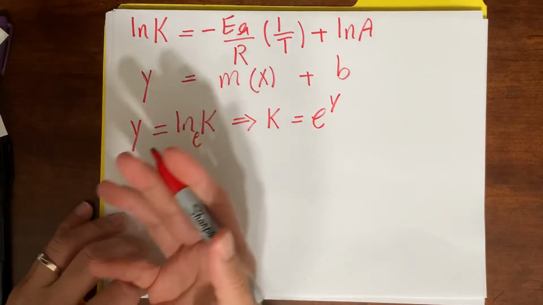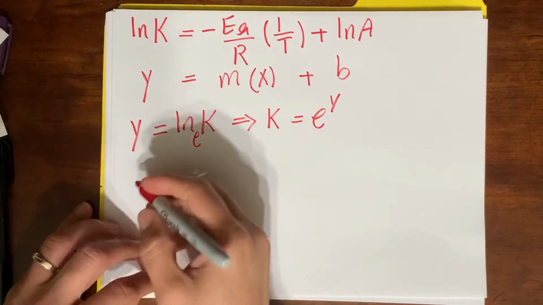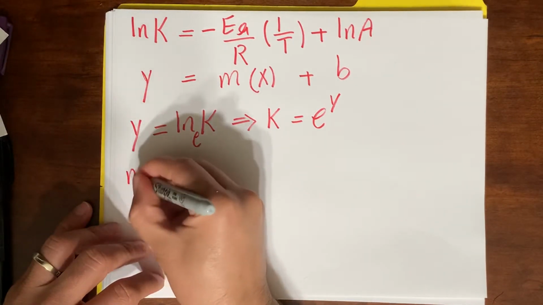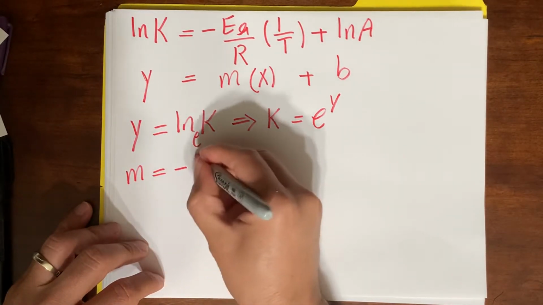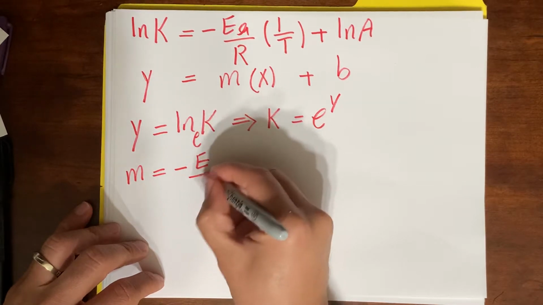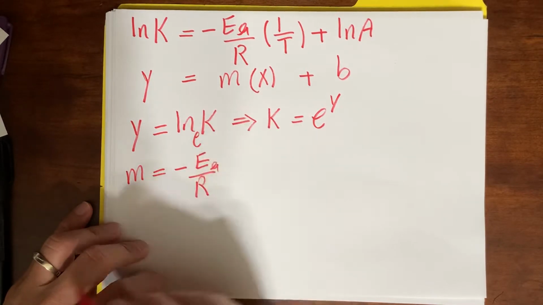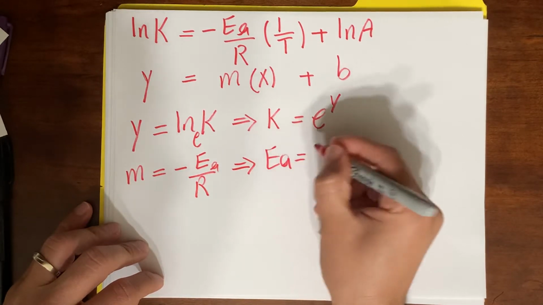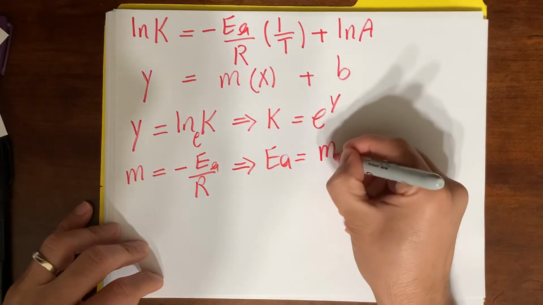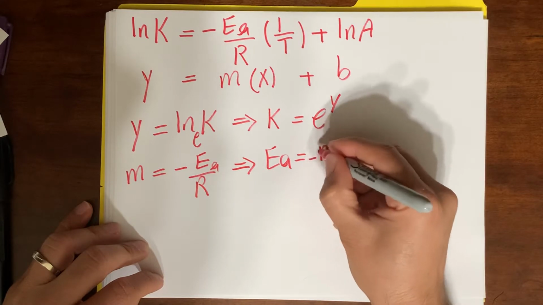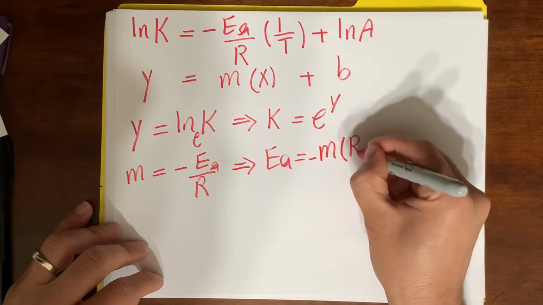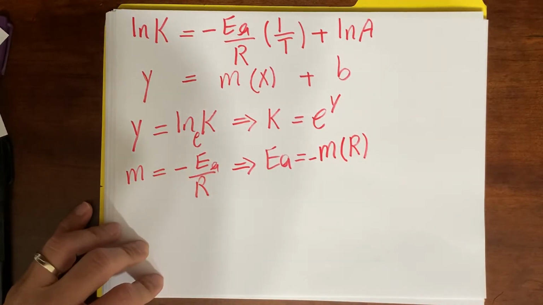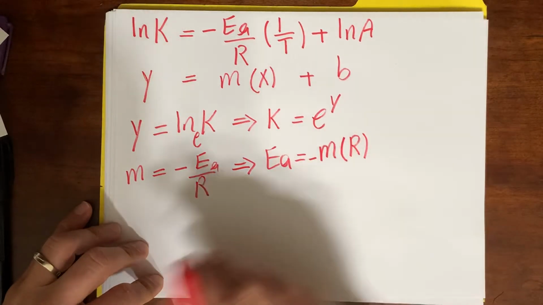So if I have y, I can get k. M is equal to minus EA over R. So the activation energy, we can calculate through minus slope multiplied by R. Okay, if we know the slope, we will multiply it by R.